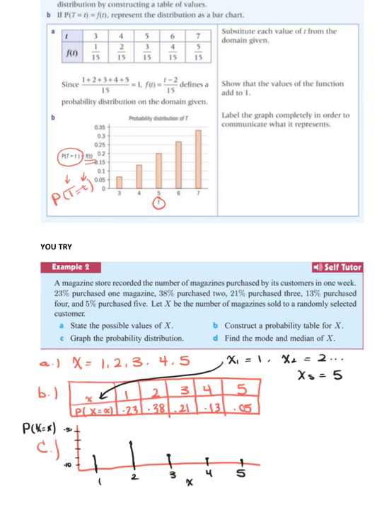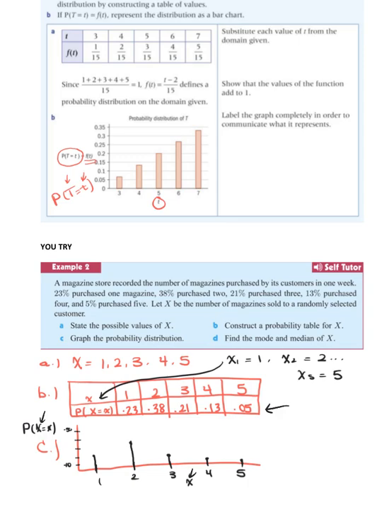And then we can find the probabilities that are actually given to us in the problem. So 23% purchased 1 magazine, 38% purchased 2, etc. So I just have that labeled here, right? So I have it on a table, and now I need it on a graph. So I labeled it. I have my X and Y axes labeled, right? I've got that little x here, and I've got the probability of the random variable X equaling the value x for the Y axis.